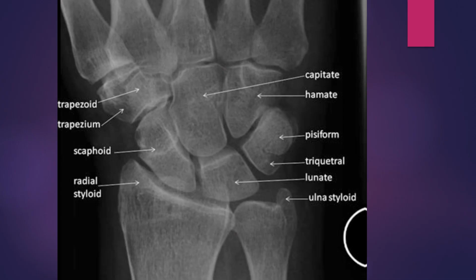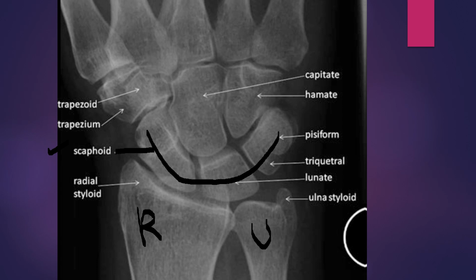You can see this here on this X-ray. This is the scaphoid bone. This is your radius. This is your ulna. So scaphoid is the most radial in the proximal row. This is your proximal row.